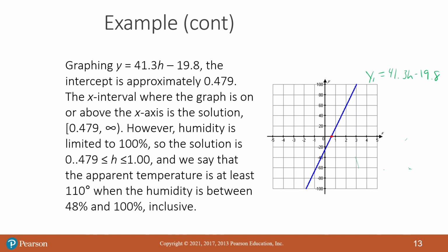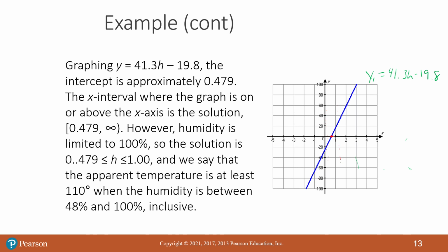The intercept. Now, in order to find this intercept on your TI calculator, what you're going to need to do is second trace or second calc, zero. Then you're going to have to bound it on the left, bound it on the right, and then guess in the middle. So bound it on the left, enter, and you'll get a dotted line on the left.